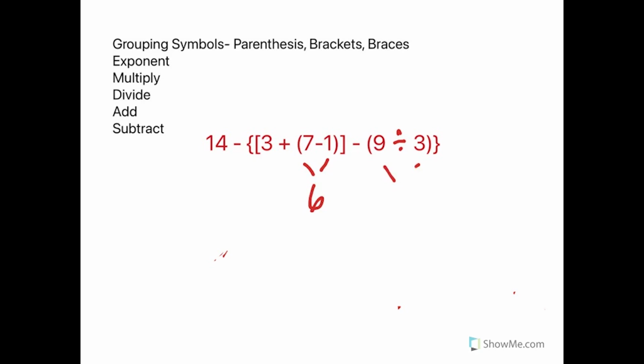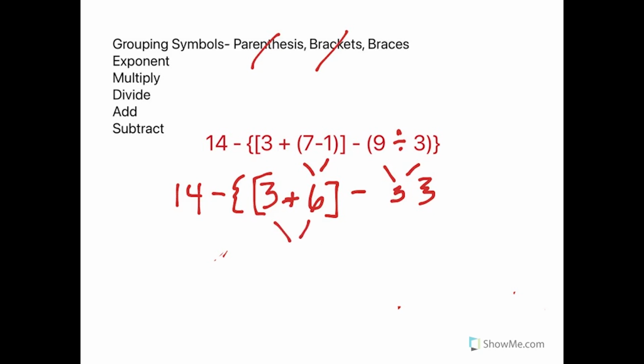And then we're going to do 9 divided by 3 is 3. Okay, make sure we keep the braces symbol on this side and the bracket symbol on this side. And we're going to do plus 3 on this side and the brackets and the braces and then the minus 14.